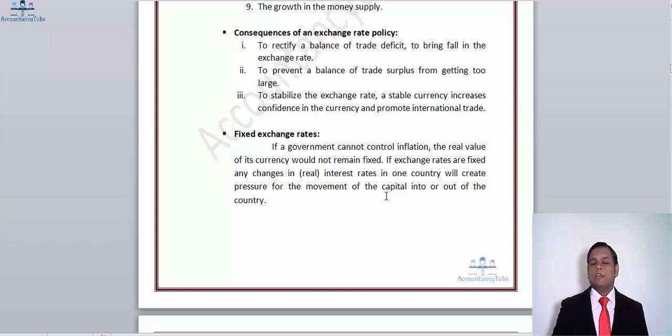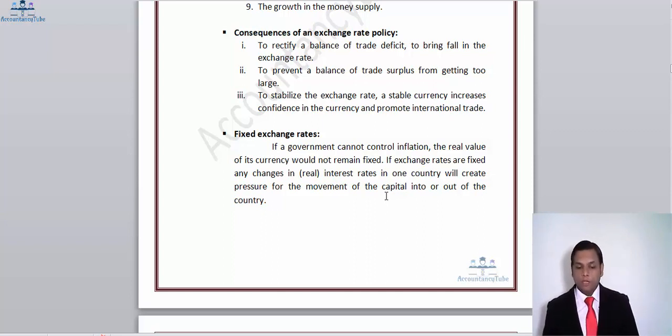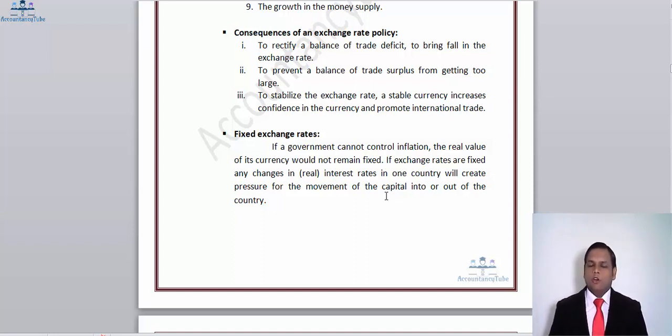Again, as I just gave you the example, too large a balance of trade surplus is also bad for the economy. It creates pressure on the imports. It stabilizes the exchange rate, and a stable currency increases confidence in the currency and promotes international trade. That's basically the objective, or you can say the consequences, of exchange rate policy.